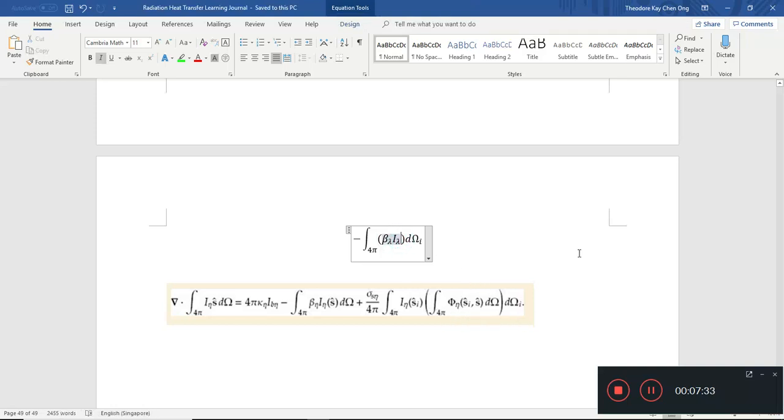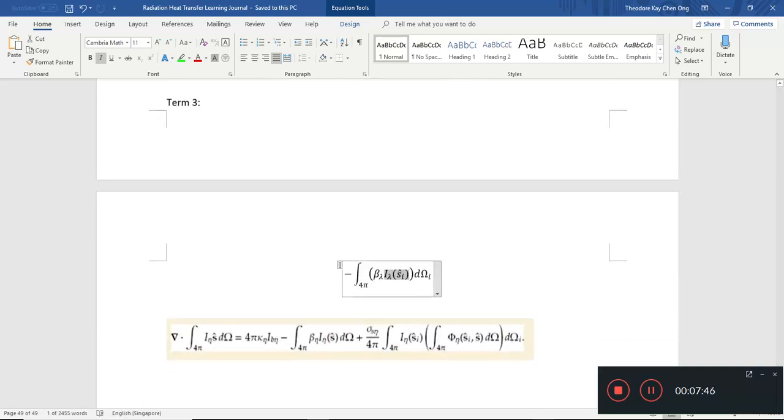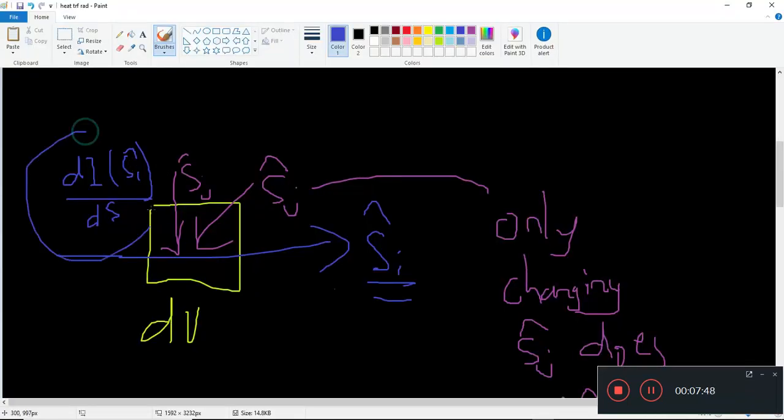Now one thing we need to note is that this is actually dependent on direction I. This intensity here is with respect to direction I. So it's not this dI/ds, but instead I as a function of s hat.